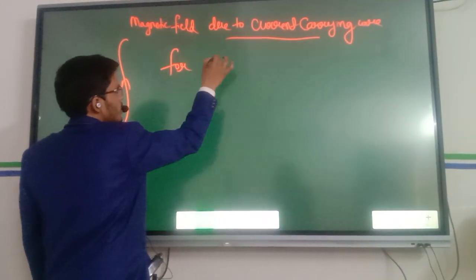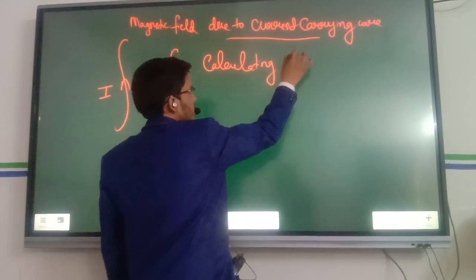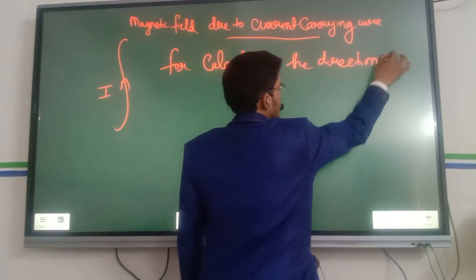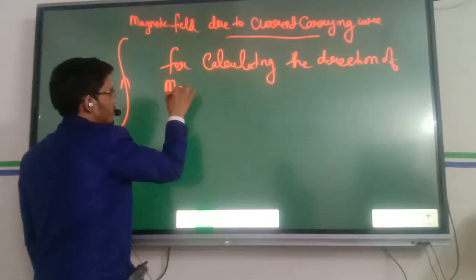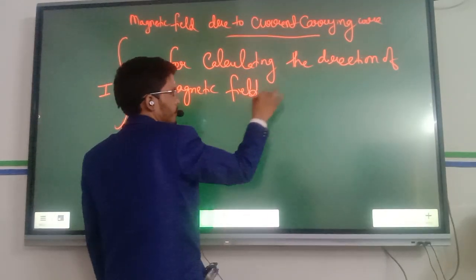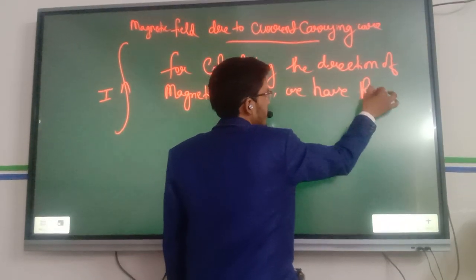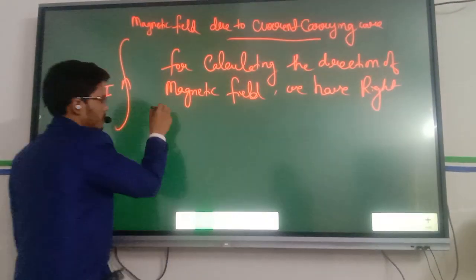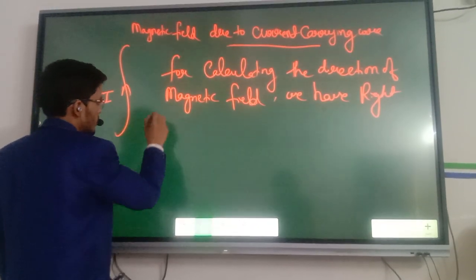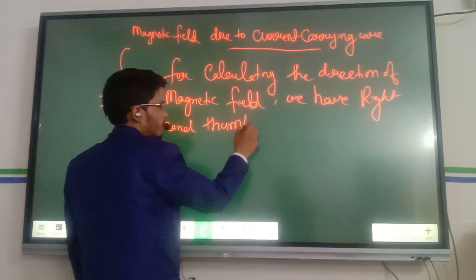For calculating the direction of magnetic field, we have the right hand thumb rule.